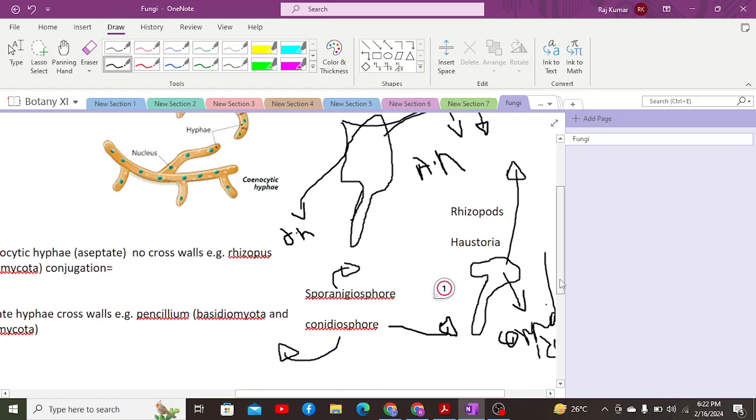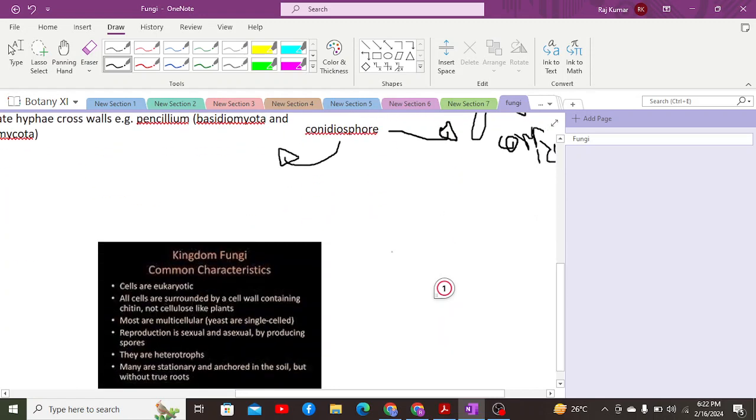These are the two modes of asexual reproduction. Another mode of asexual reproduction is known as budding.